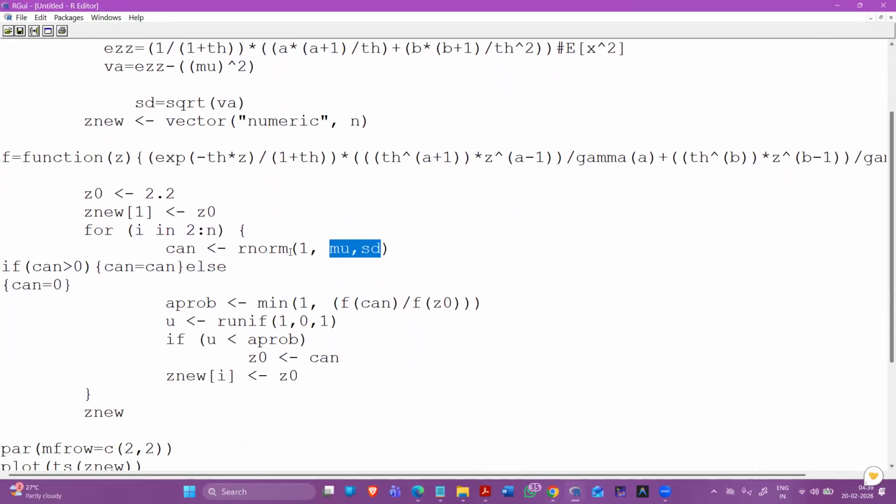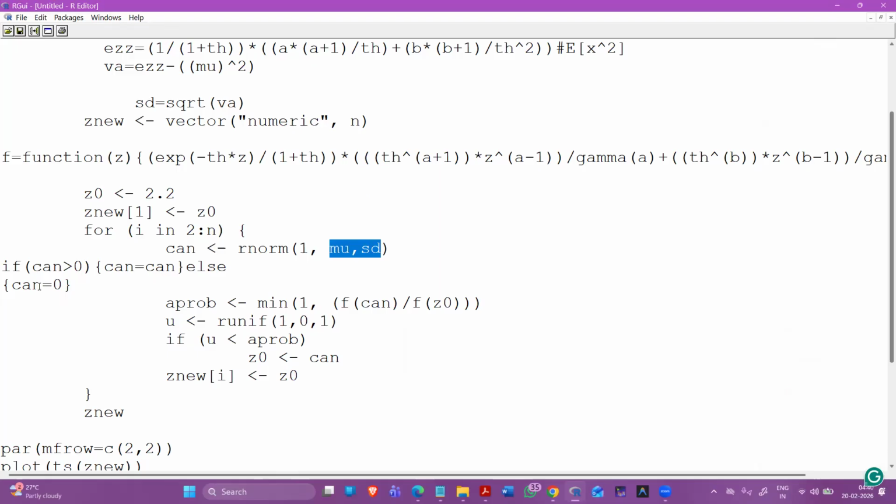Okay. After that, I am introducing one condition here from my side that is not given in the Metropolis algorithm. That is, if candidate is greater than 0, then candidate density should be equal to the candidate density. Otherwise, I will take it equal to 0. Why am I doing it? Because the normal distribution can generate random numbers that are negative. What is the range of the normal distribution?